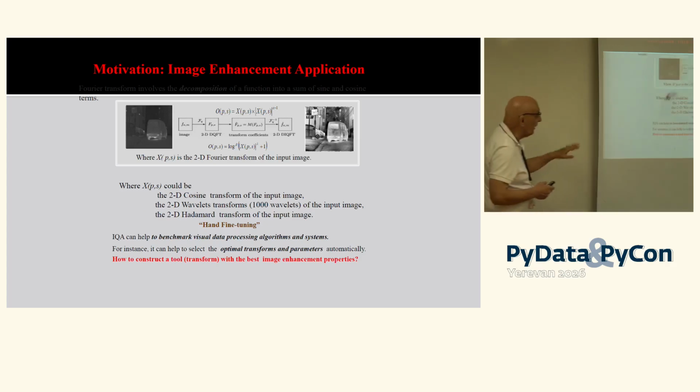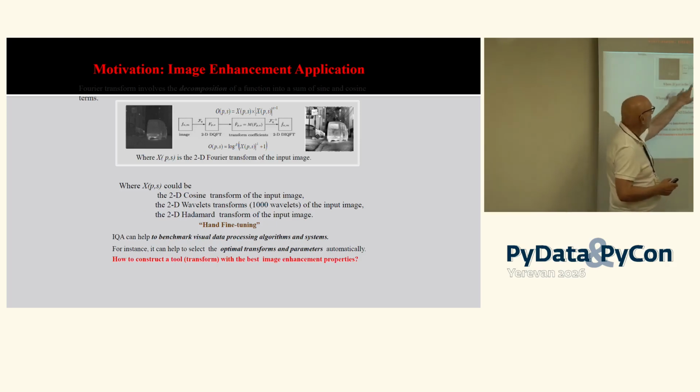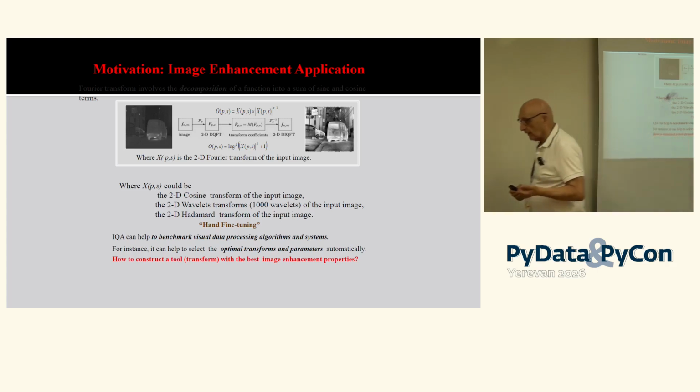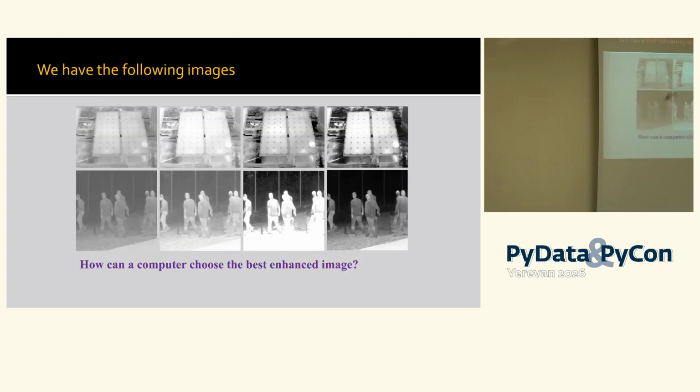Now here we are showing that we have two parameters. One is in image enhancement, the power alpha: how to choose the best alpha. But second, there are different kinds of methods. Now we have two different problems: how to choose parameters, and simultaneously how to choose the method. This is what I said, that we use 100 wavelets to do this kind of thing.